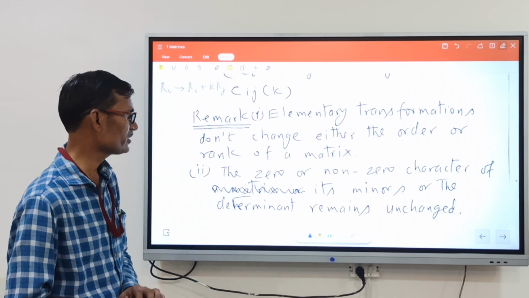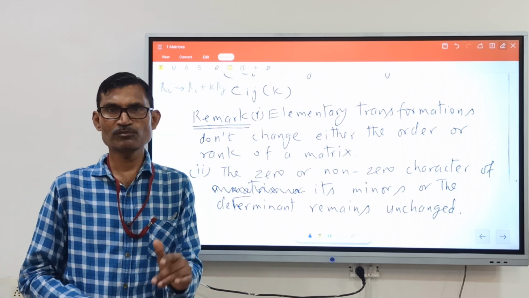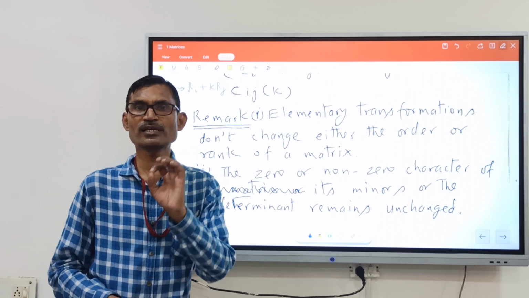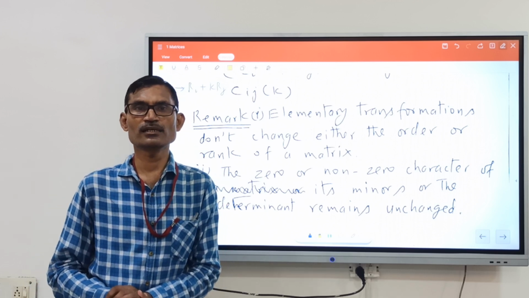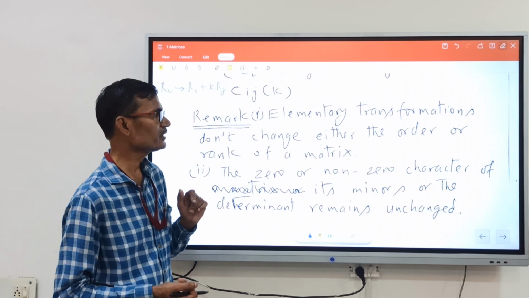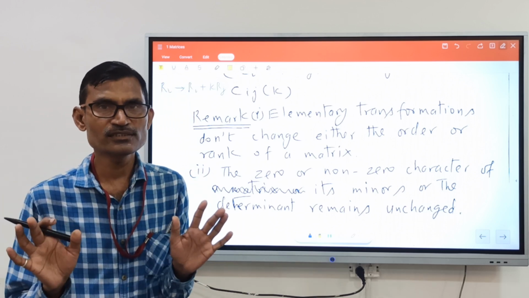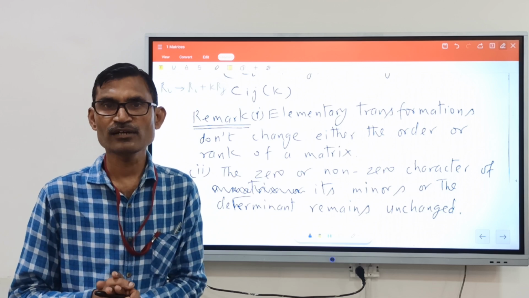So after understanding the concept of elementary transformation, we can move ahead. But before that, I am going to tell you a very important property. The elementary transformations do not change the order or the rank of the matrix.